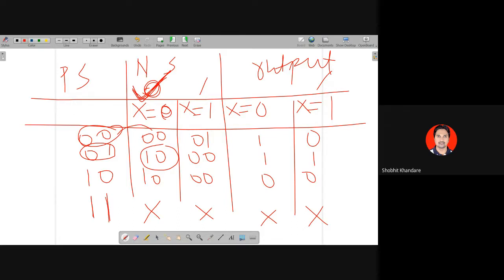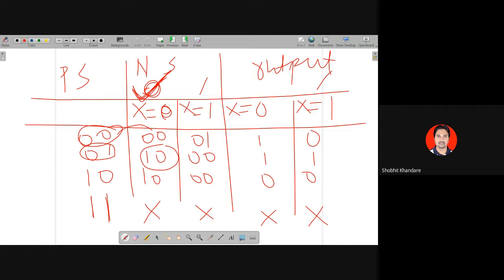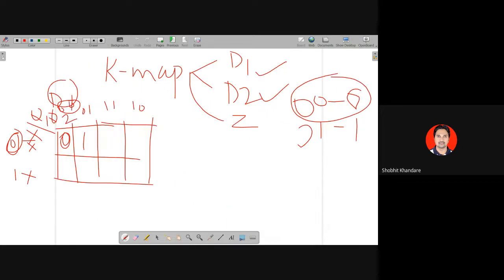So tell me what should be written in the second cell. 1. See here, 10. So you have 00, 01, 10. In that 10, the output is 1, but we are not writing the output. For this, when the input is 0, you have this 10, so I will be writing down this as 1.